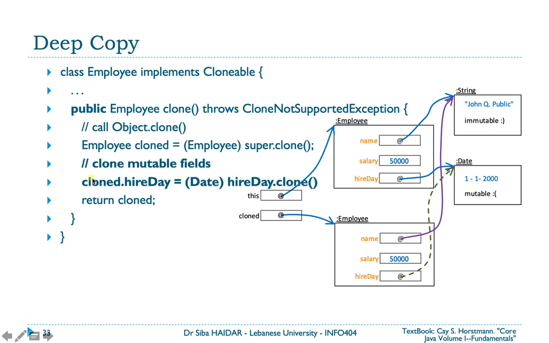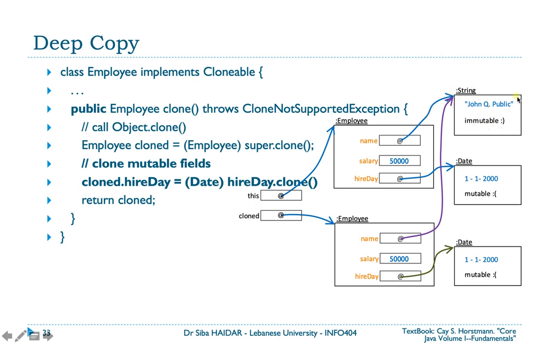So we will write cloned dot hireDay will now refer to this dot hireDay dot clone. So we will create a clone, and we will make this object variable here refer to this cloned object.